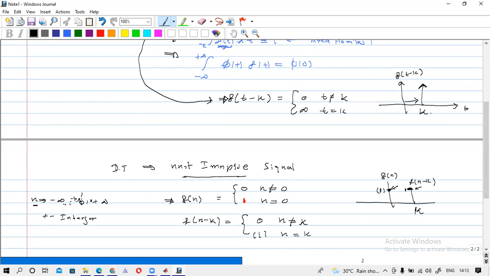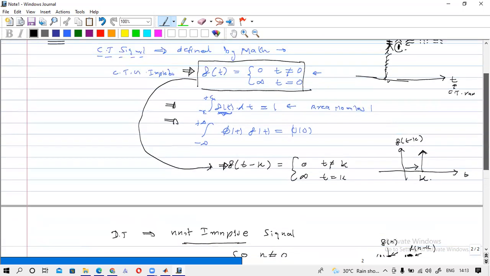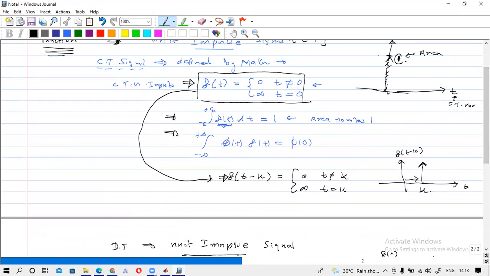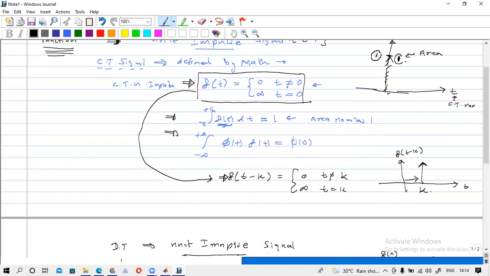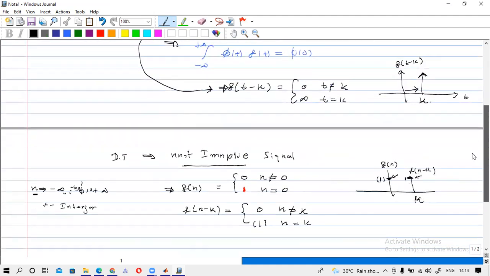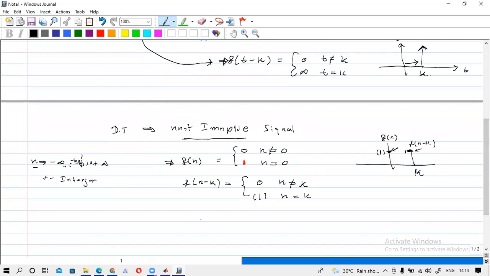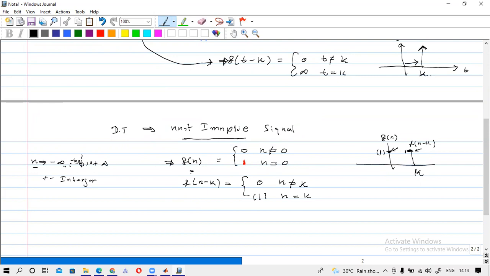But in the continuous case, if you see the 1 is here, that is not a point on the y-axis, that is not the value on the y-axis, that is the area. So here it has a mathematical complication, but in the discrete case we don't have any mathematical complication. So what is this impulse actually?